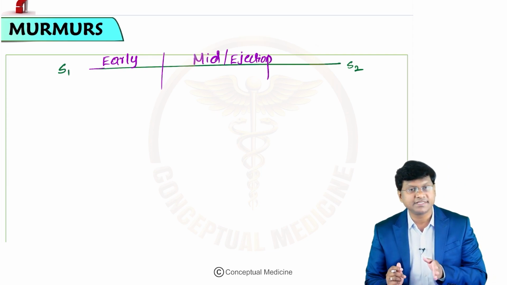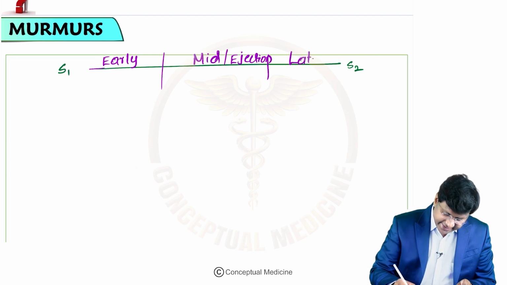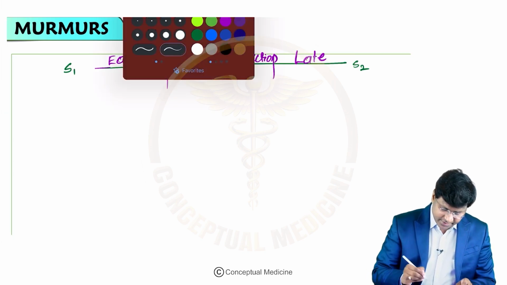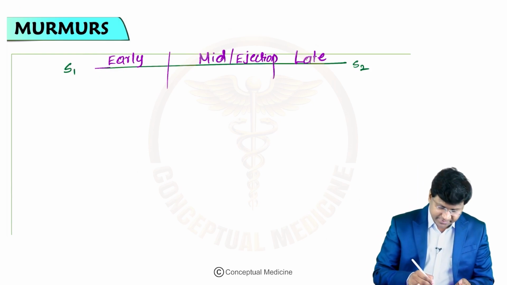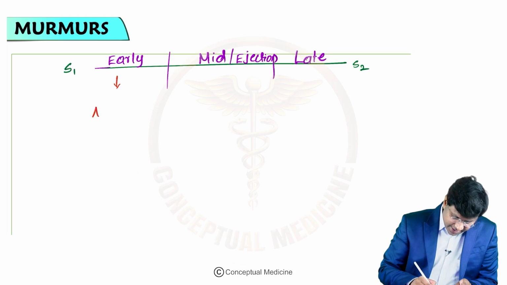And if the murmur is heard in the later part of the systole, we call it a late systolic murmur.